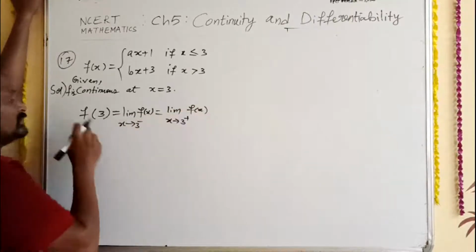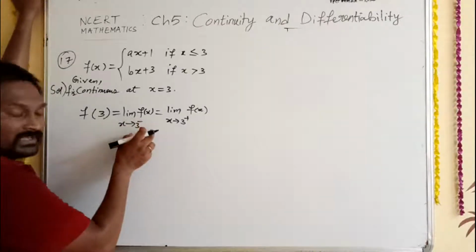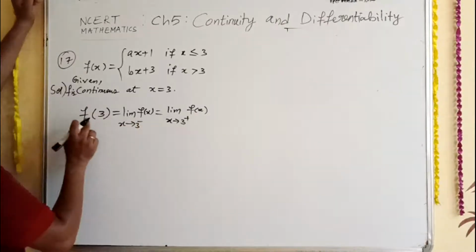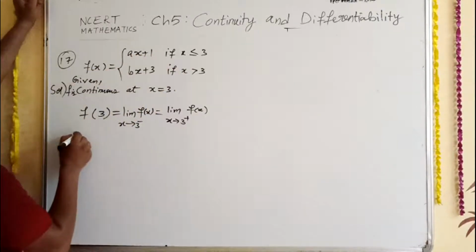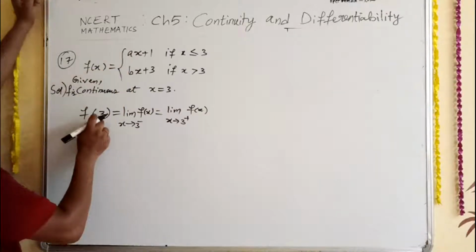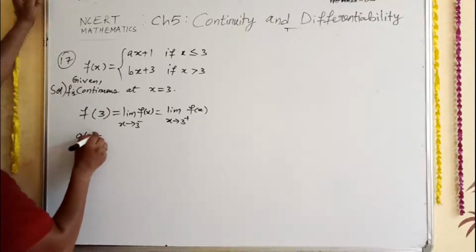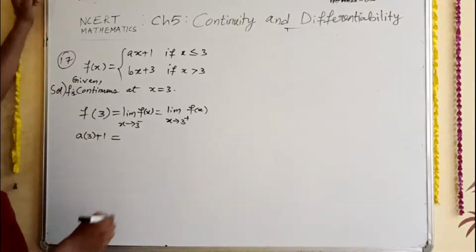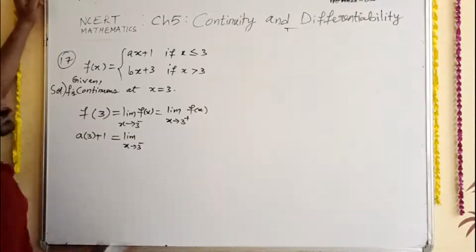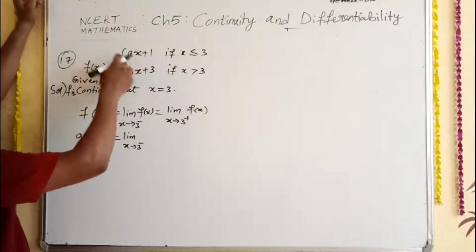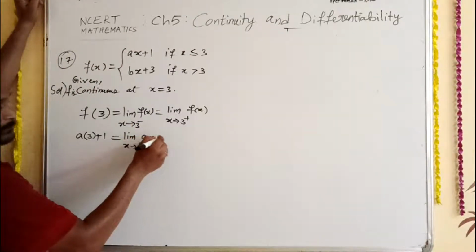That means the function at that point is equal to the left hand limit, which is equal to the right hand limit. At x is equal to 3, the function is ax plus 1, so a into 3 plus 1 is equal to limit x tends to 3 minus, where x is less than 3, again the same function, ax plus 1.